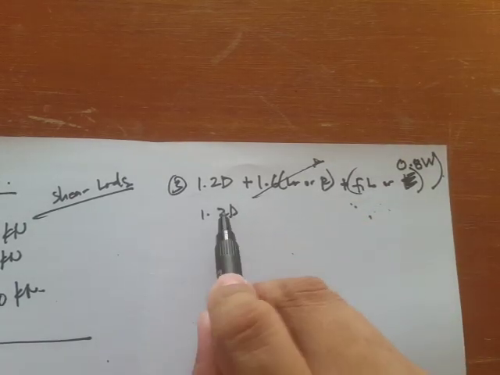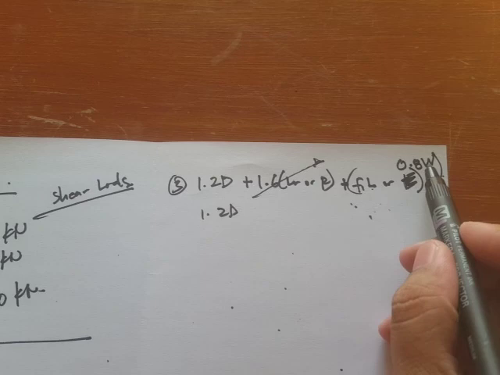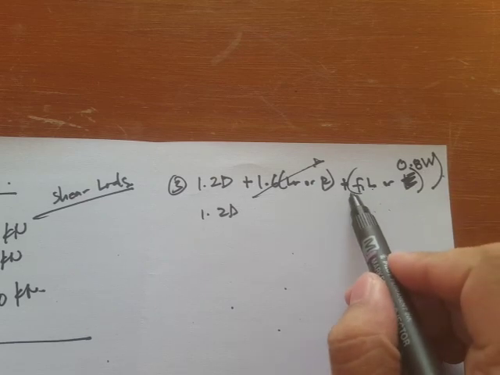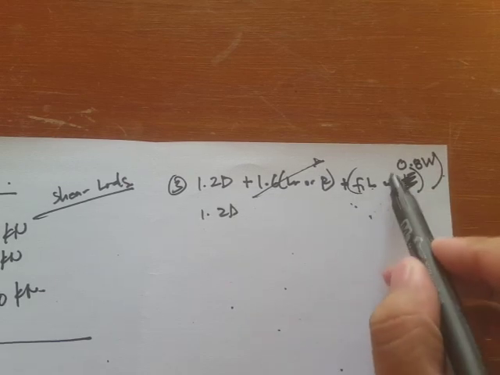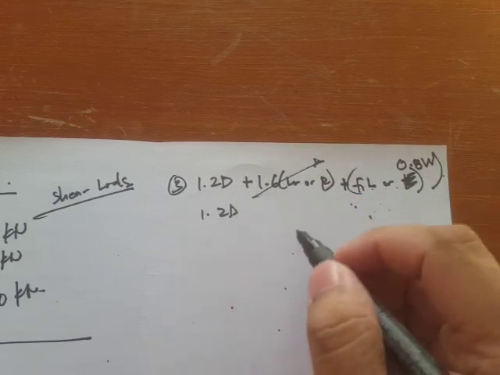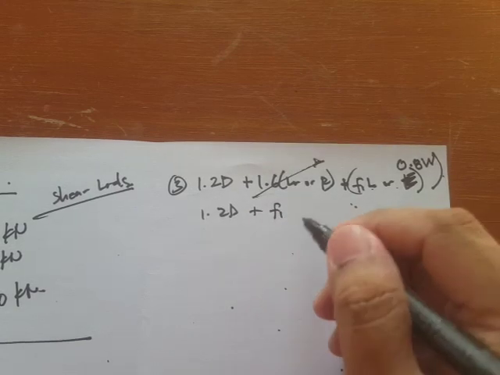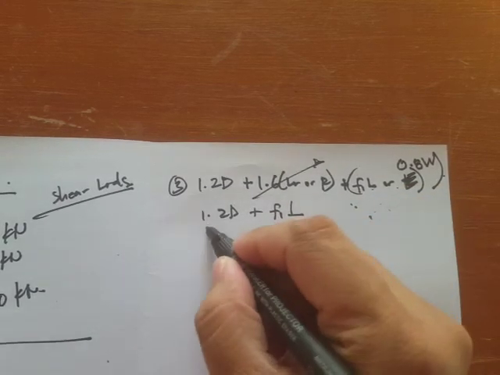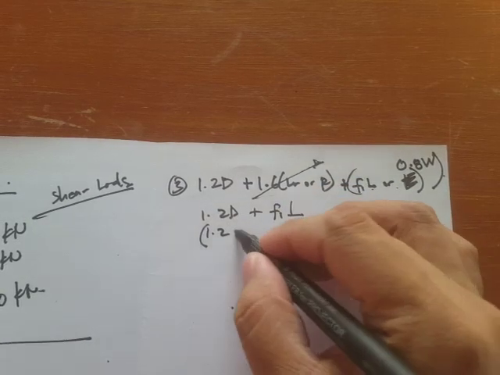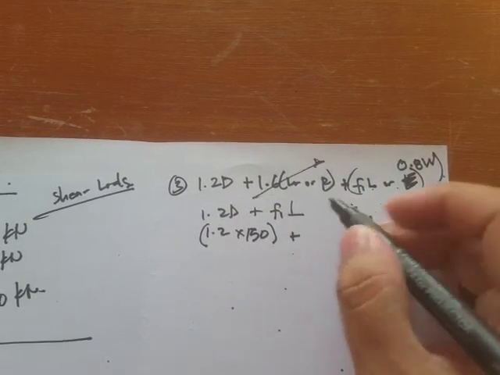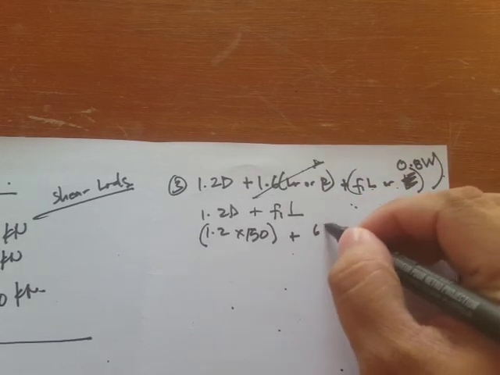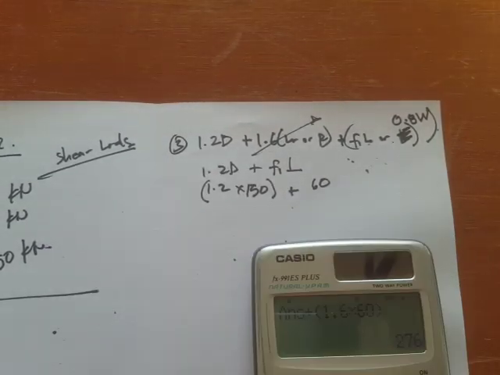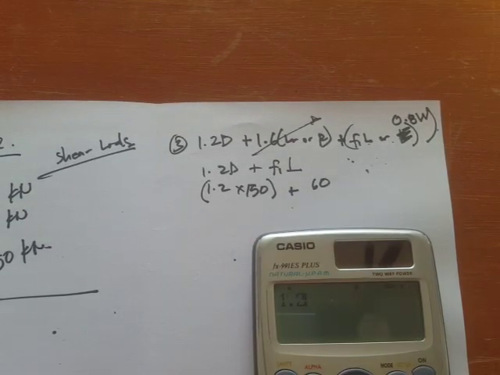Okay, so since we have both live loads and wind loads, we'll check first the live loads and then we'll do another computation using the wind loads because it says here or. So 1.2 dead plus F sub 1 live load. So that's gonna be 1.2 times 150 plus, let's assume for now 1.0, so 60. Okay, so we have 1.2 times 150 plus 60.